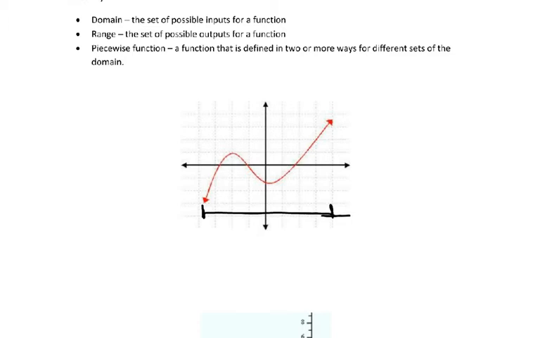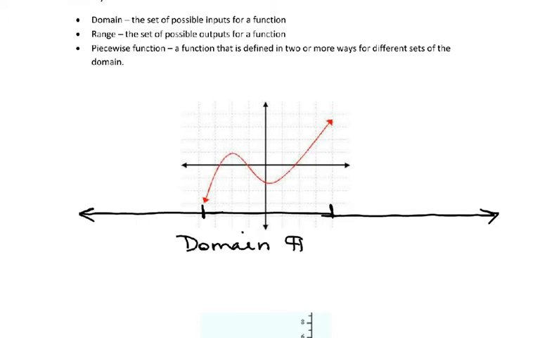It actually goes on and on and on. The arrows say that this doesn't end. So while we only see a piece of our function, the domain is all real numbers.